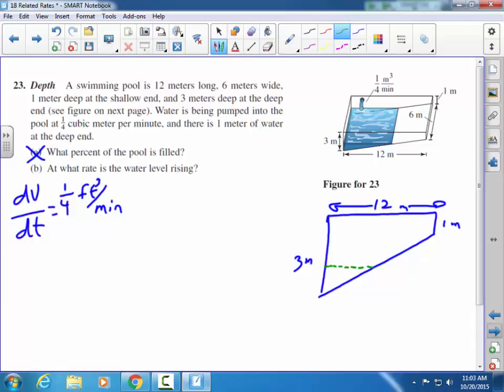So the height, which of these numbers up here do you think defines the height of the water right now, or is related to the height of the water right now? The 3, the 12, or the 1? The 3. Why not the 12? That's kind of obvious, isn't it? Why not the 1? It's not up there yet. So we're talking about this going up. So we're looking for a dH over dt.